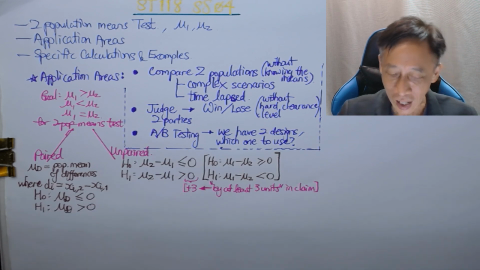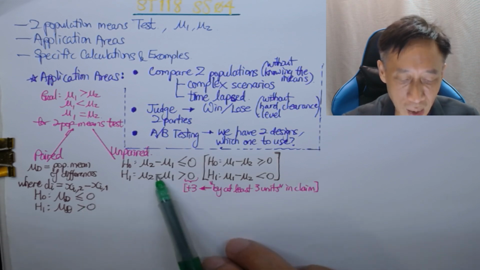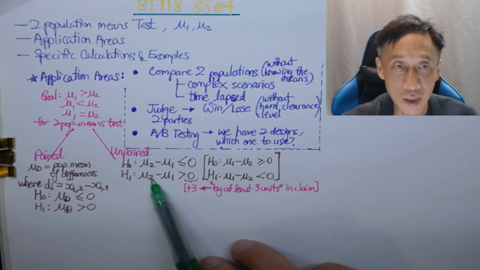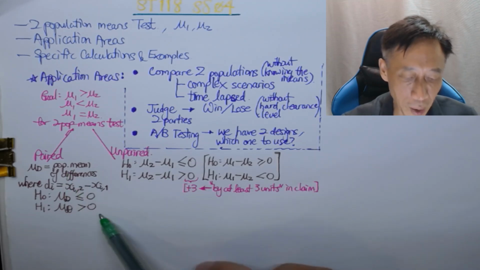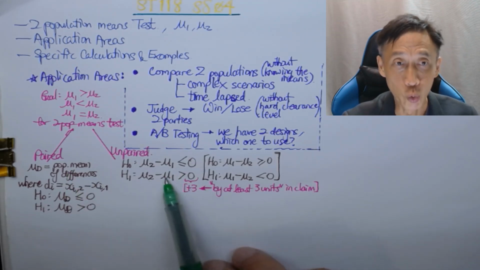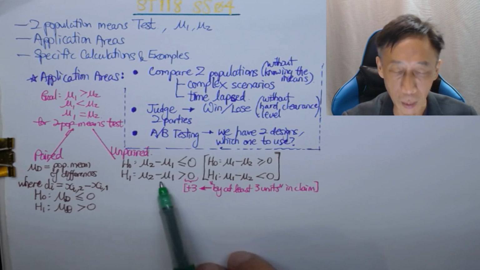Okay, now I kind of jumped ahead to write down the hypothesis for the unpaired test before I even discuss what is paired and unpaired, right? More to show you that there's a drastic difference even when you write down the hypothesis.